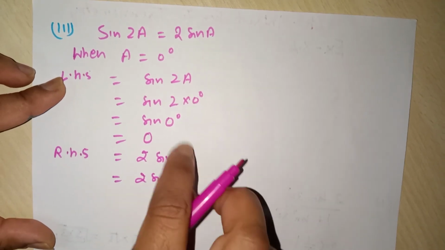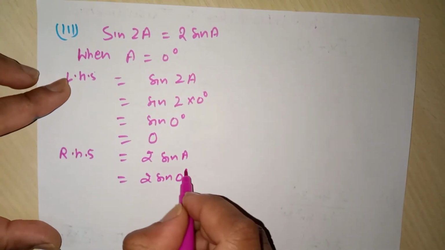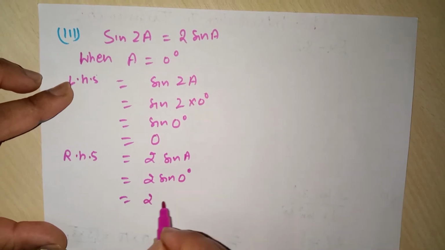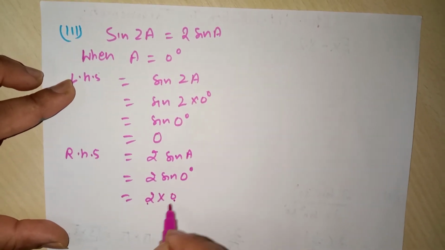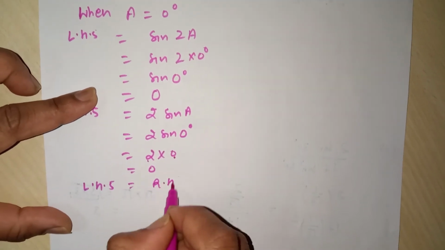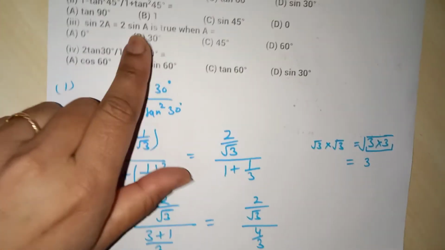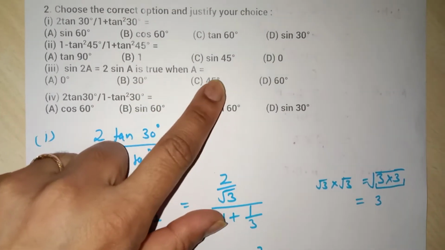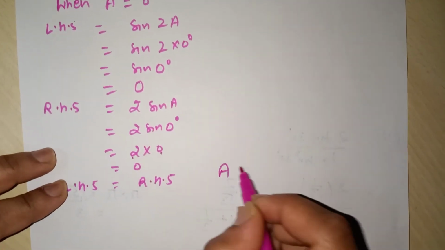Put the value of a, that is 0 degree. So again sin 0 is equal to 0, 2 multiplied with 0, 0. So left hand side is equal to right hand side. So we have reached our answer. This is true when a is equal to 0 degree. So our A option is correct here.